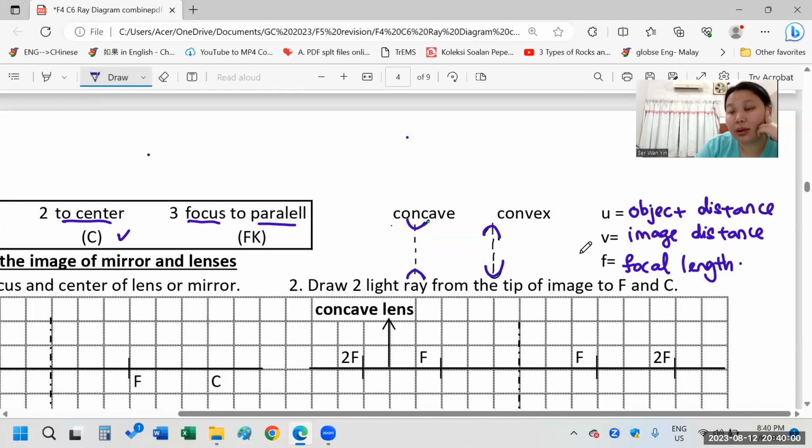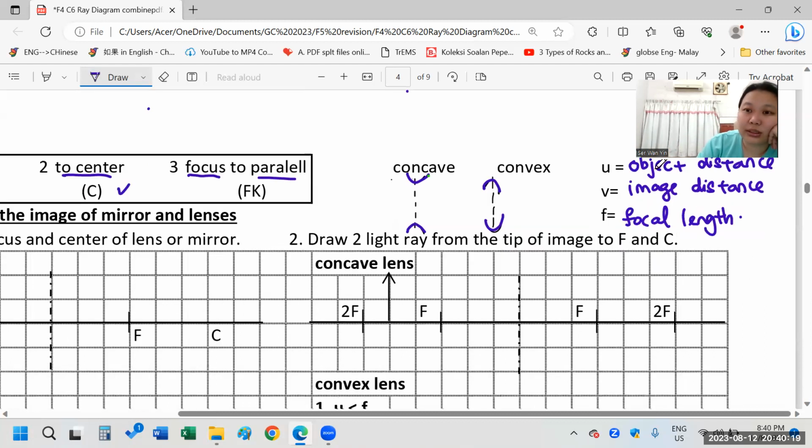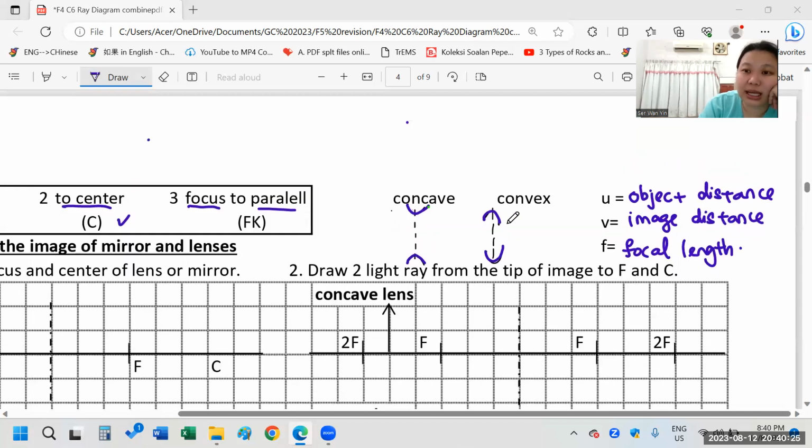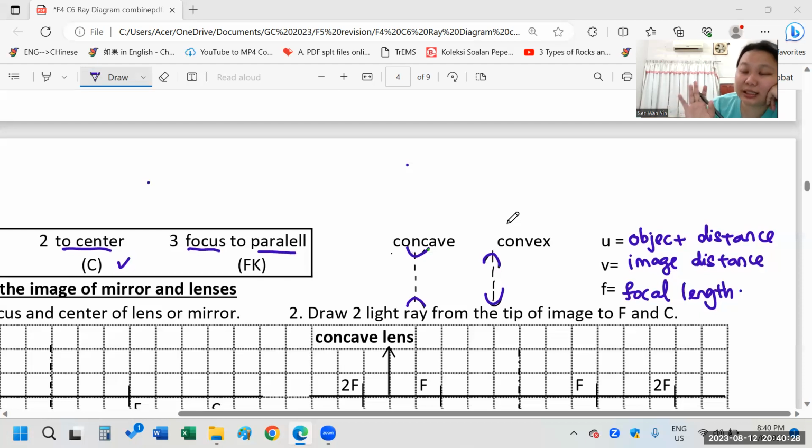See, all are small letters, which means all of them are lengths. Then I might mistake the u for initial velocity. You are not mistaken, you are right. But because the alphabet only has 26 letters, sometimes they repeat. Not sometimes, most of the time they repeat.